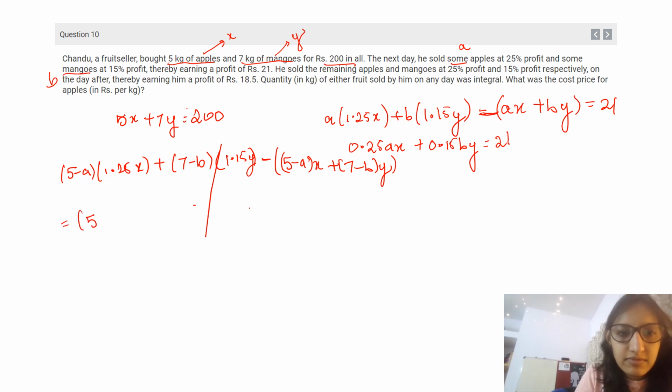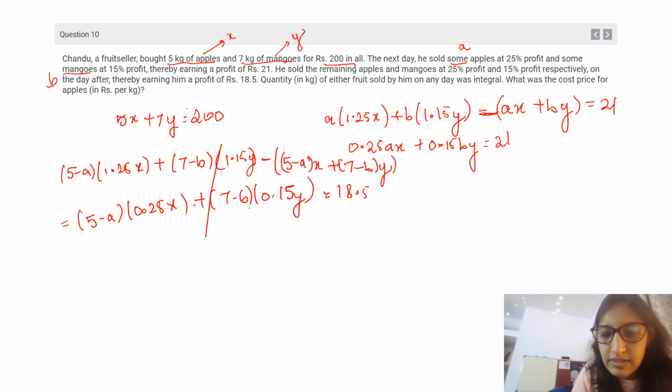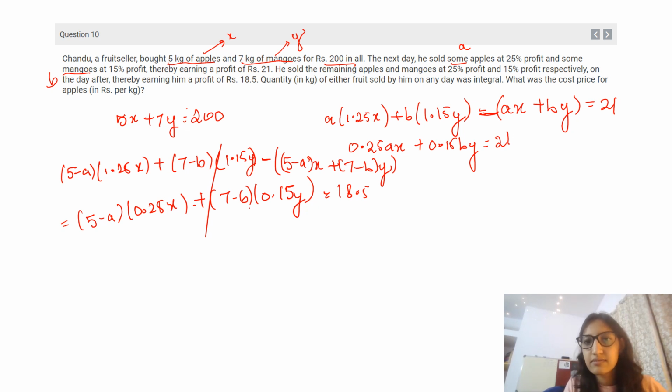So the profit is 0.25x plus (7 minus B) into 0.15y, and this is equal to 18.5, in kg of either fruit. Okay, this mentions that the quantity of either fruit sold by him on any day was integral.